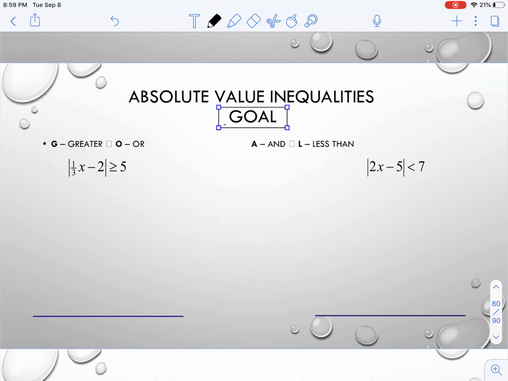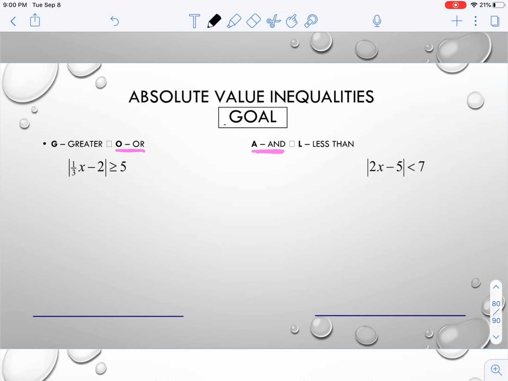If my absolute value is isolated and greater than something, when I split it into two, the parts are separated by an or statement. If, when my absolute value is isolated, it is less than something, I'm going to have an and statement when I split into two.